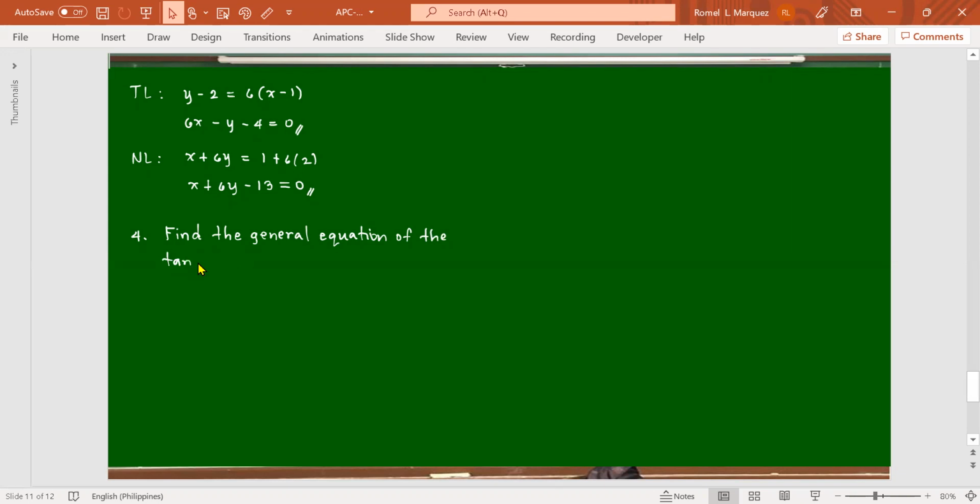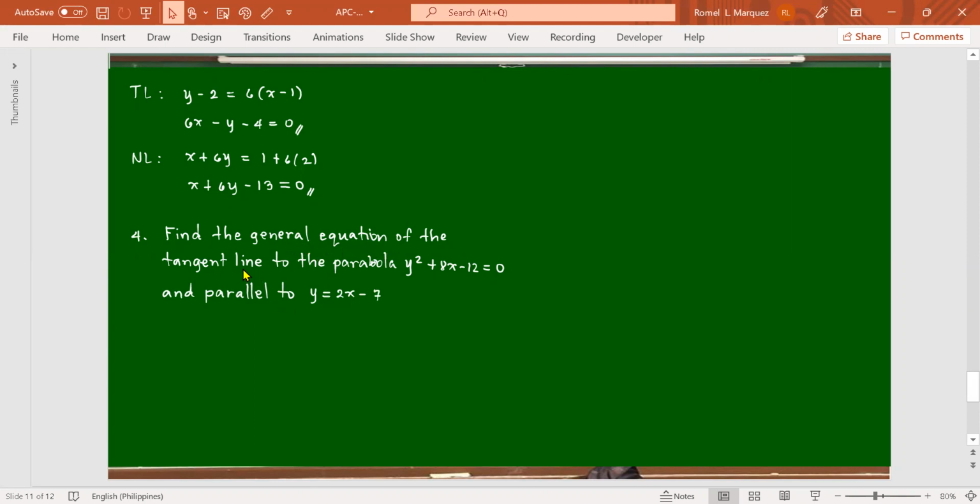I want just the tangent line to the parabola y squared plus 8x minus 12 equals 0 and parallel to the line y equals 2x minus 7. I am looking for the general equation of the tangent line.